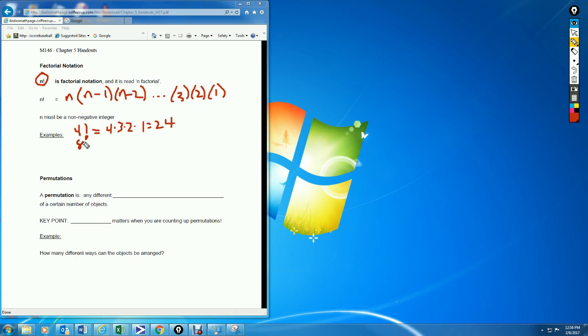Or 8 factorial means 8 times 7 times 6 times 5 times 4 times 3 times 2 times 1, and if you multiply all those together, it's 40,320. And also a comment that by definition, 0 factorial, although it may not seem to make sense, is equal to 1. Again, by definition.